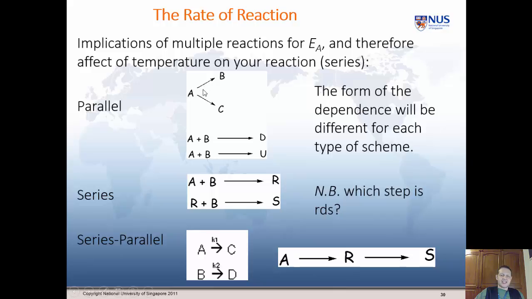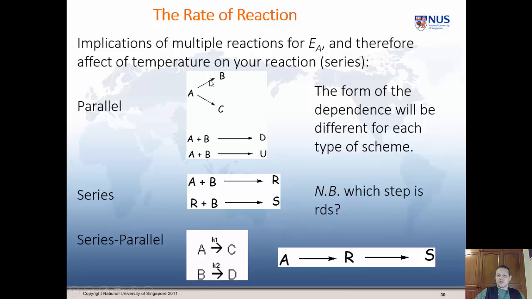If the activation energies are different for A to B and A to C, clearly the form of the dependence will be different. Sorry, let's say that again. So looking at each of these forms, either parallel, series, or some other version, the form of the dependence on temperature will be related to this form here.